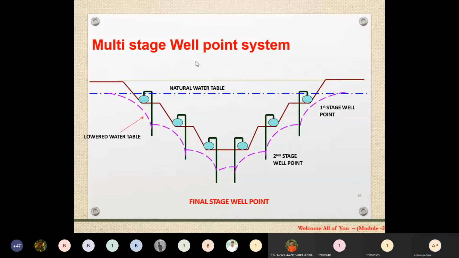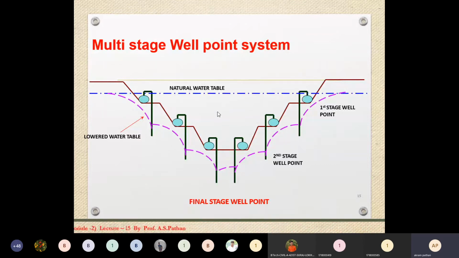Then we also saw in the last lectures multi-stage well point systems. Okay, what do we generally have in this particular multi-stage well point system? For example, this is stage 1, stage 2, stage 3, stage 4, stage 5 and stage 6. Now this system is generally required for the construction of a bridge pier.